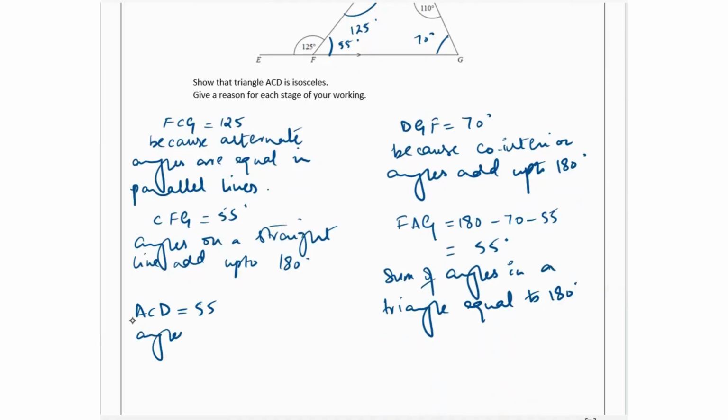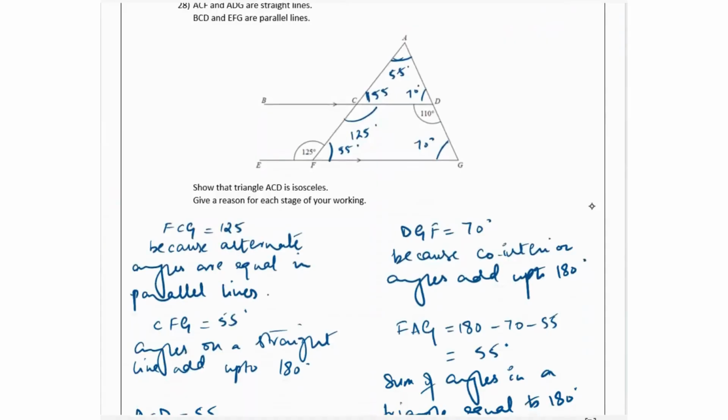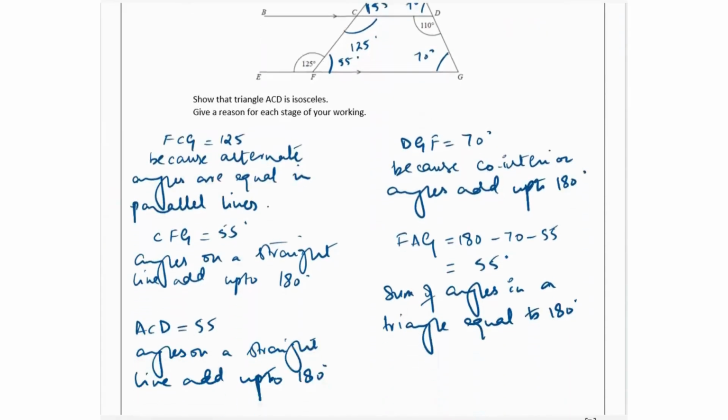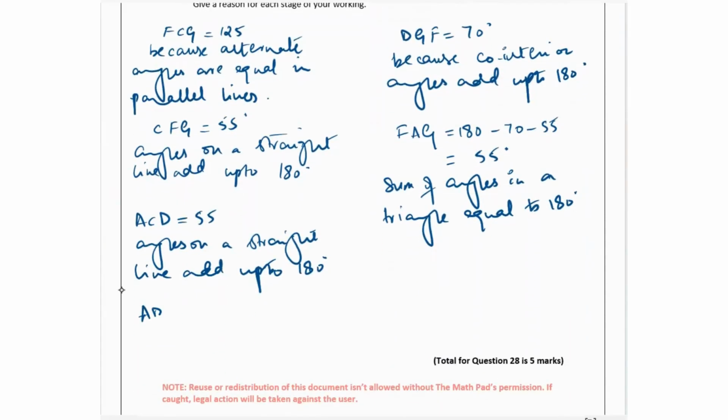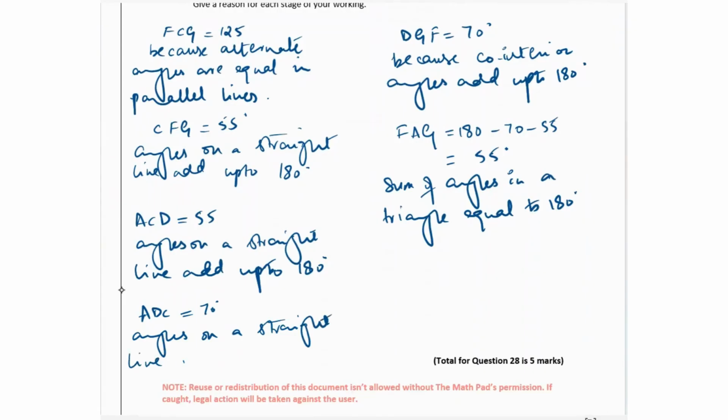Again, angles on a straight line add up to 180, and ADC is 70. Because again, angles on a straight line add up to 180.